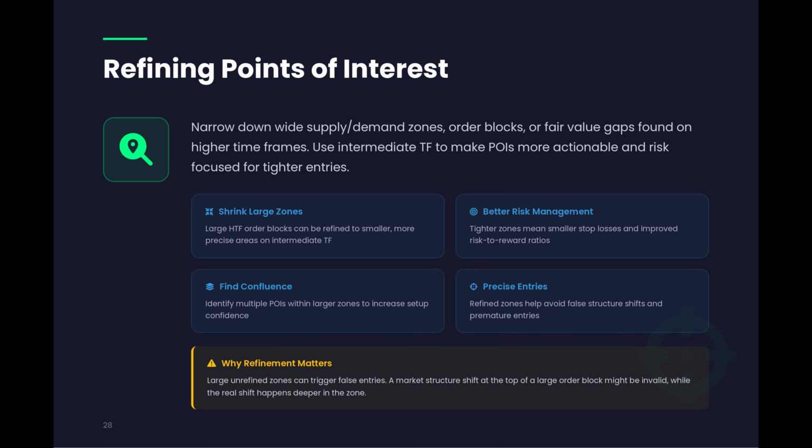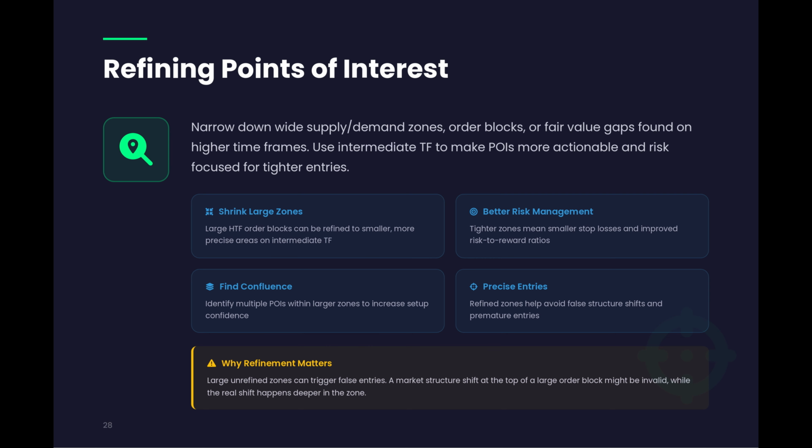This is where your intermediate time frame becomes absolutely invaluable. You drop down, perhaps from the 4-hour to the 15-minute, and you examine that large order block more closely. What do you see? Perhaps there's a smaller, more concentrated order block nested within the larger one.